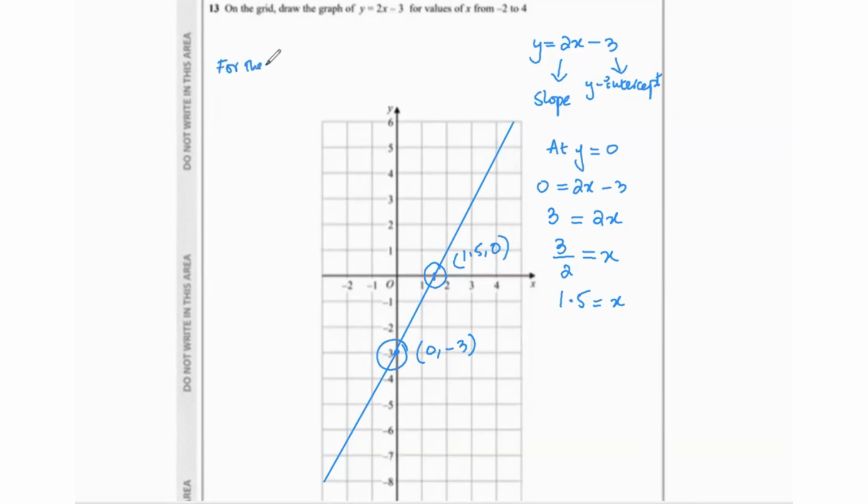For the x-intercept, put y equals 0. And for the y-intercept, put x equals 0. The y-intercept can also be recognized from the equation if it's in the slope-intercept form, which is given over here. And if it's not, you just put x equals 0 and see what your y-intercept is.